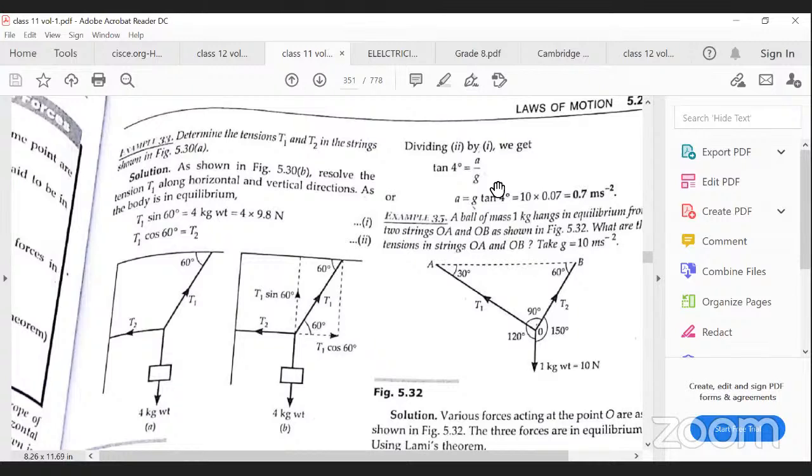T2 is something around 23 point something, sir. 23 point something. Yes, ma. Correct. Good. What is T1? One minute, sir. Into 2. Into 2. Yes, correct. Good.